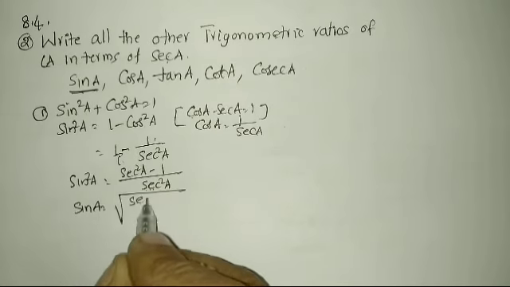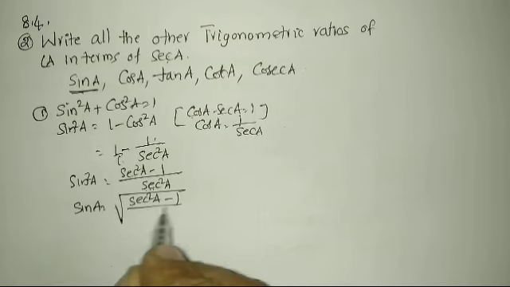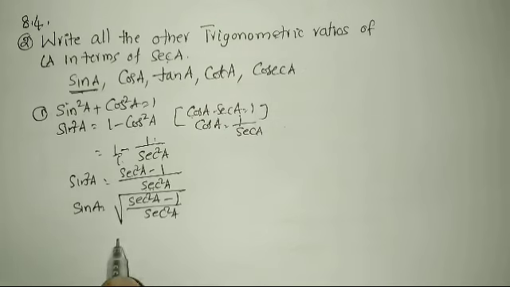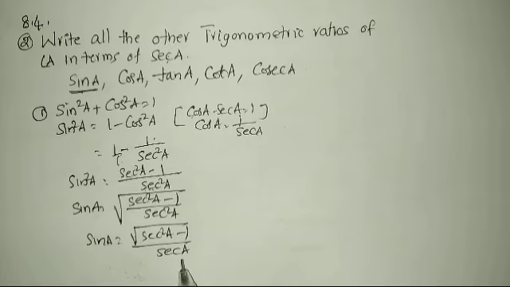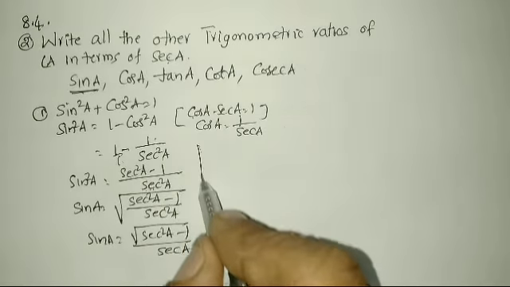Root of secant square A minus 1 by secant square A, that is equal to root of secant square A minus 1 by secant A. So sin A is expressed in terms of secant A as root of secant square A minus 1 by secant A. Now we take cos A.